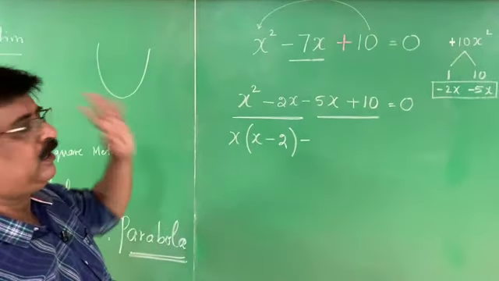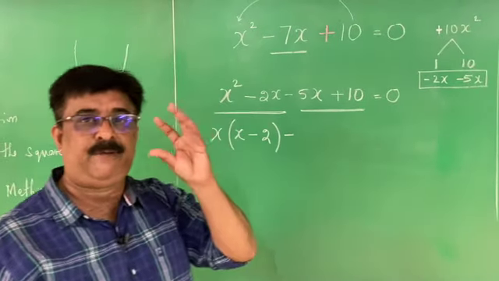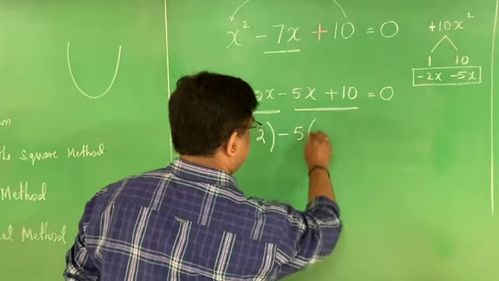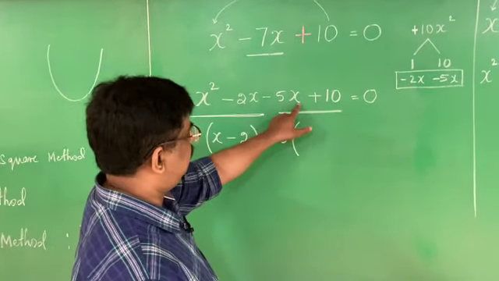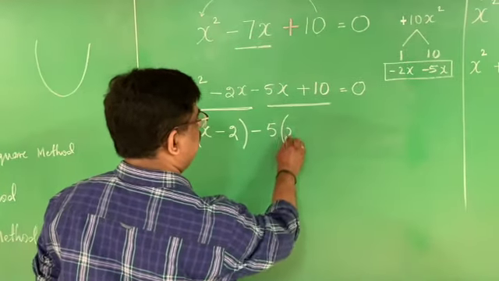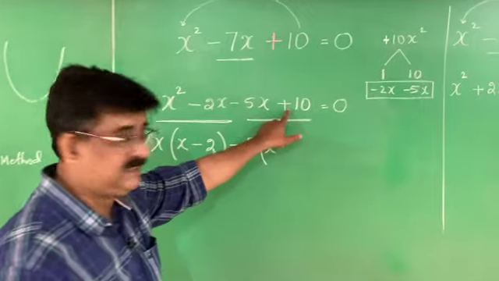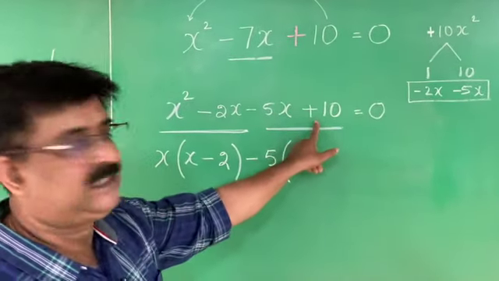Then identify the common factor. 5x and 10, which is the common factor? 5. 5 is the common factor. 5 into x, if 5 is removed, x. Right? Here what is there? Plus. To get plus, minus into minus becomes plus.